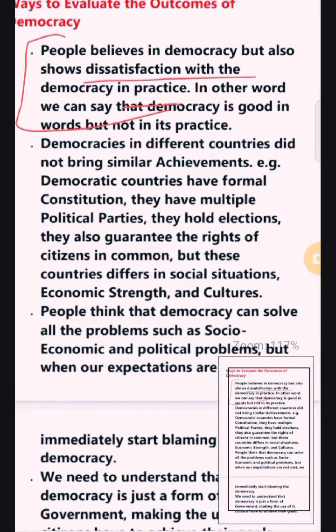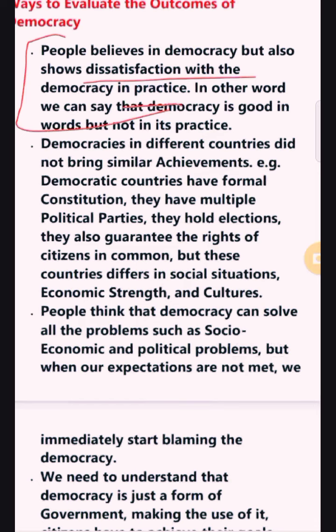They have multiple political parties. They hold elections. They also guarantee the rights of citizens, but these countries differ in social situations, economic strength, and cultures. Now let us compare a few countries on the basis of constitution.